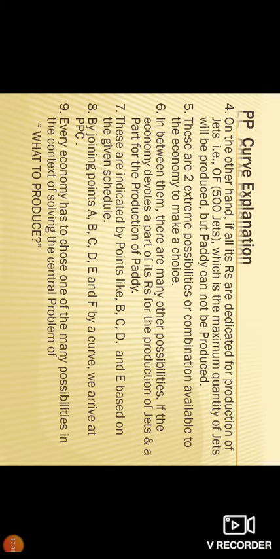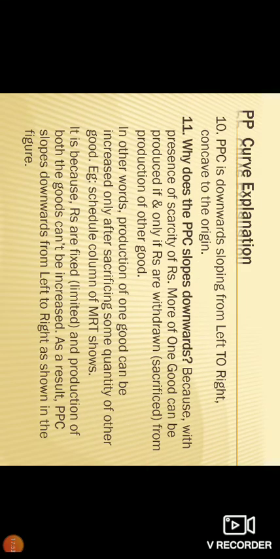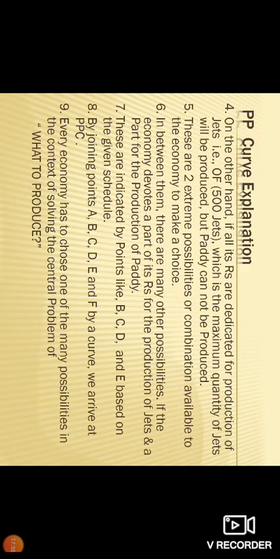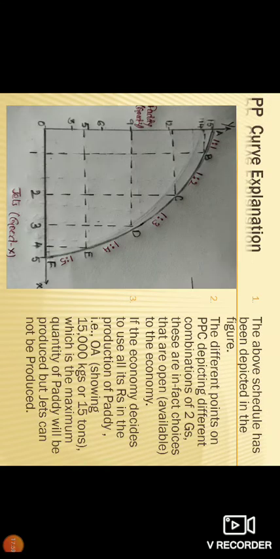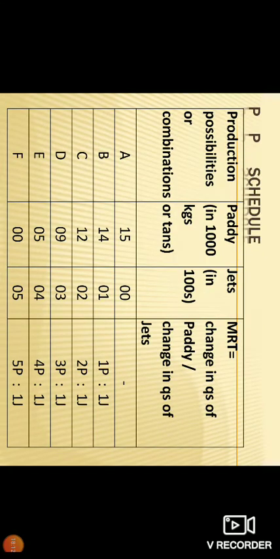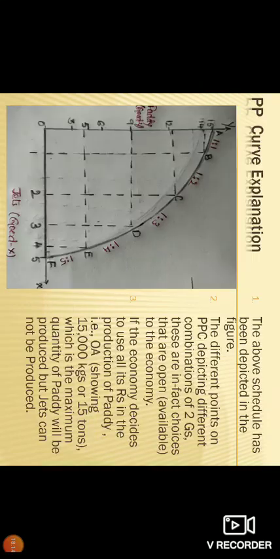You can see this from the schedule and on the diagram. You can see A and F, and in between them the B combination, C combination, D combination and E combination we have. That you can also see in the schedule.